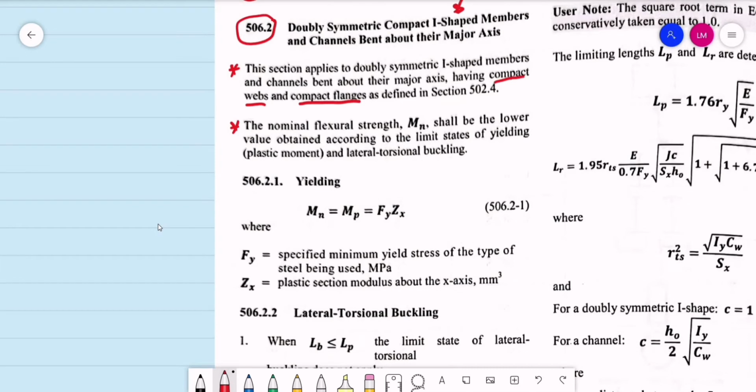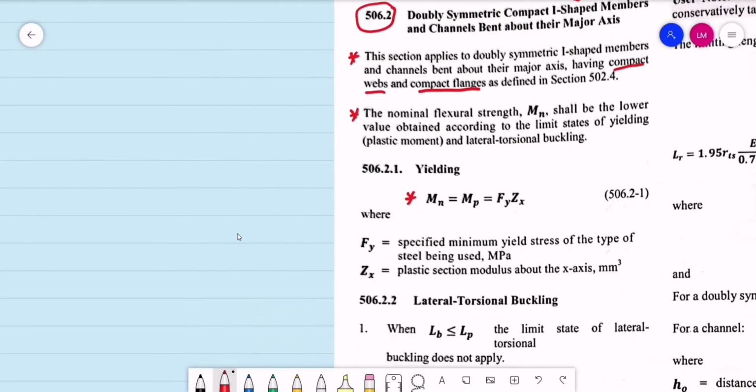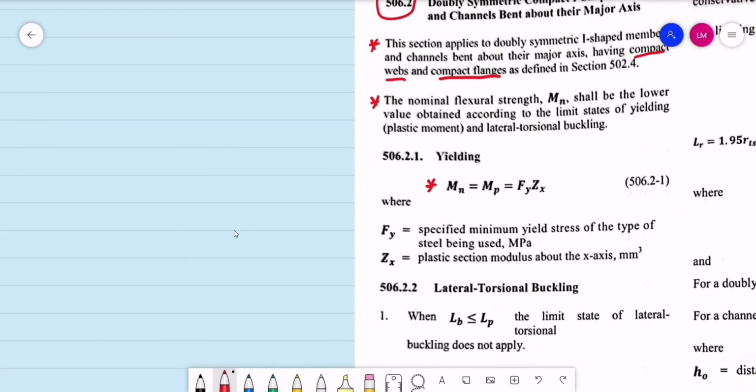Our nominal moment M sub n is equal to M sub p, which is equal to Fy multiplied by Z sub x, wherein Fy is the specified minimum yield stress of the type of steel being used in megapascals, and Z sub x is the plastic section modulus about the x-axis.